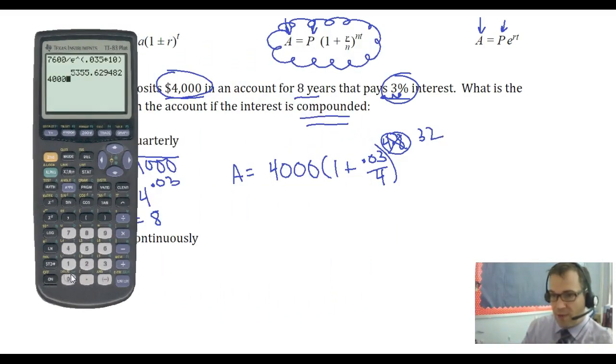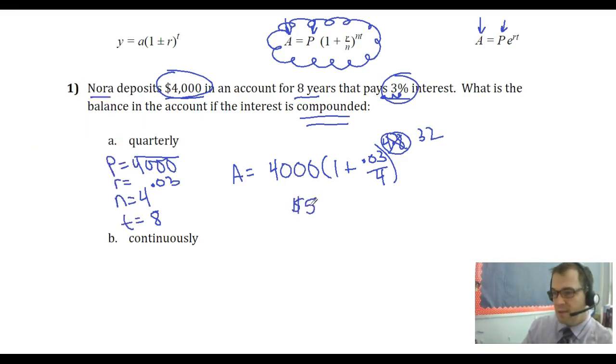So if I take $4,000 and multiply by 1 plus 0.03 divided by 4, close off that parentheses, and take that to the 32nd power, shazam, I see that she'll have $5,080.44.